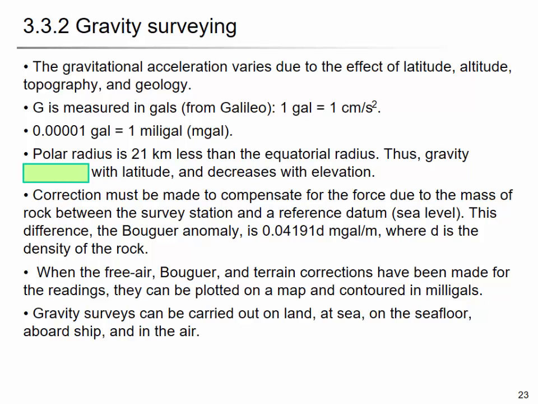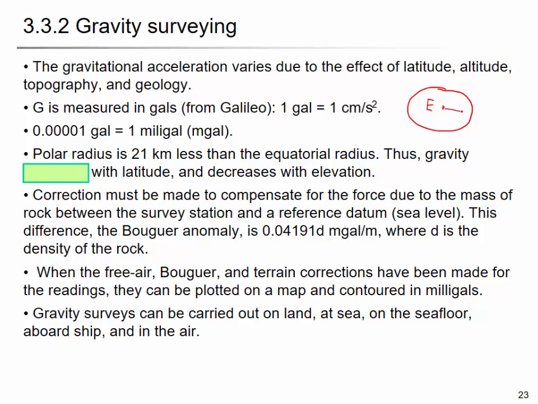And if you have a light material beneath you, then the gravity force will be smaller. And the Earth is elliptic, right? Here, you see the polar radius is 21 kilometers less than the equator radius.